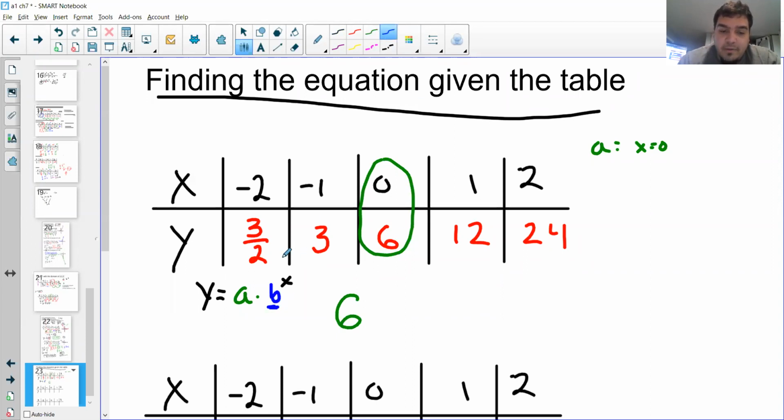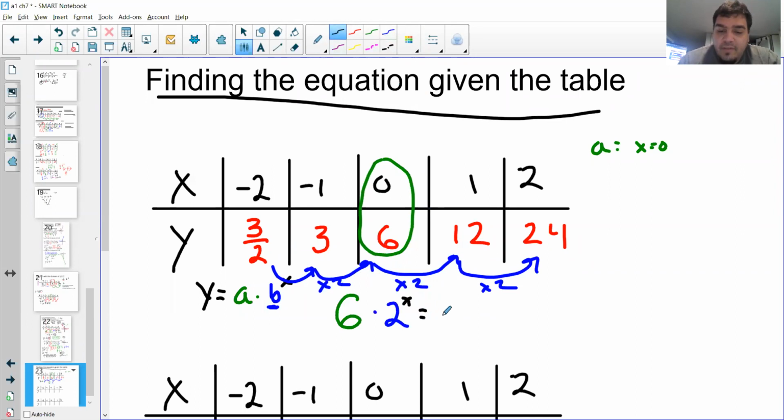Your b value is what you are multiplying each time you're going up. I'm pretty sure most of you can see we're doubling in size, so we're multiplying by 2 each time. So in this case, your b is 2 to the x power. So your final answer is 6 times 2 to the x power.